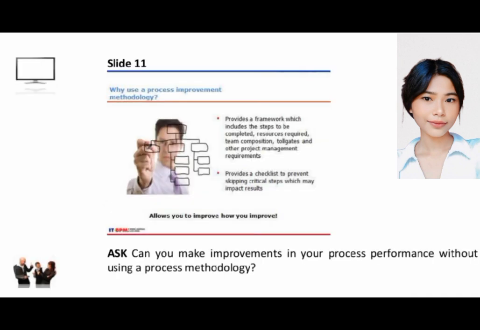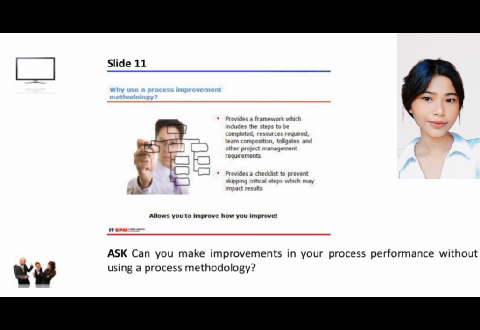Next slide, we have slide 11. Why use a process improvement methodology? It provides a framework which includes the steps to be completed, resources required, team composition, toll gates, and other project management requirements. It also provides a checklist to prevent skipping critical steps which may impact results. Here in slide 11, it explains the benefits of using a process improvement methodology. The main advantage highlighted is the structured framework.